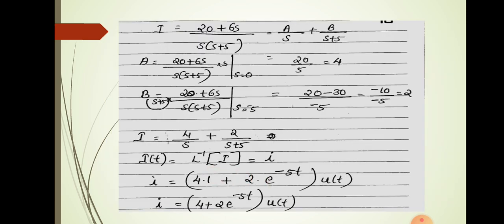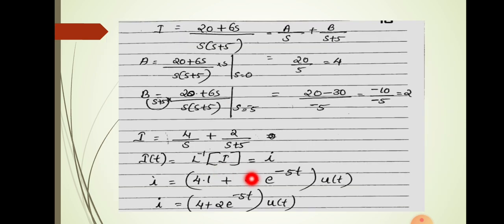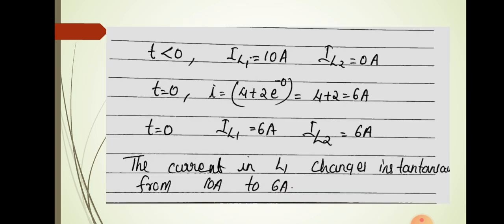So at t equal to 0 we can substitute t equal to 0 in this equation, so we get I equal to 4 plus 2 into e raised to minus 0, that will be equal to 6 ampere. That means IL1 equal to IL2 equal to 6 ampere.